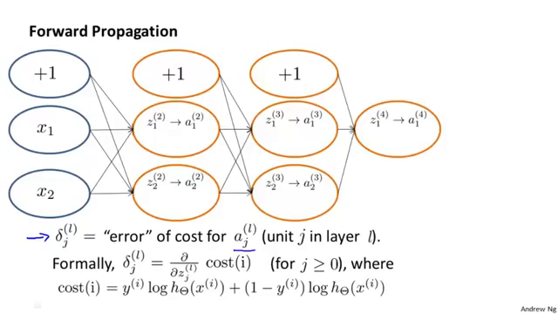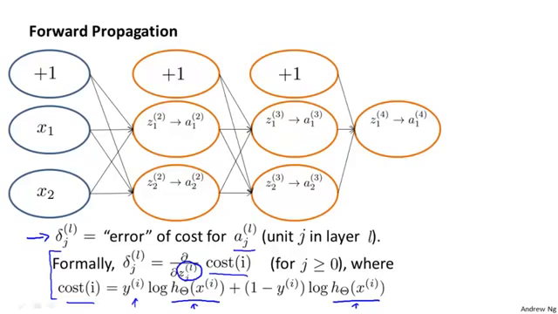More formally, and this is maybe only for those of you that are familiar with calculus, what the delta terms actually are is the partial derivative with respect to z superscript l subscript j, that is this weighted sum of inputs that we're computing, these z terms, partial derivative with respect to these things of the cost function. So concretely, the cost function is a function of the label y and of the value h of x output by the neural network. And if we could go inside the neural network and just change those z l j values a little bit, then that will affect the values that the neural network is outputting, and so that will end up changing the cost function.